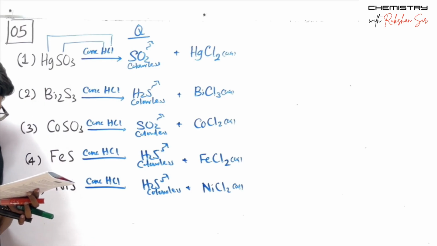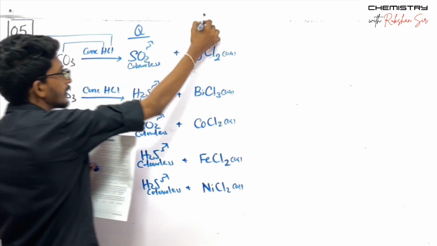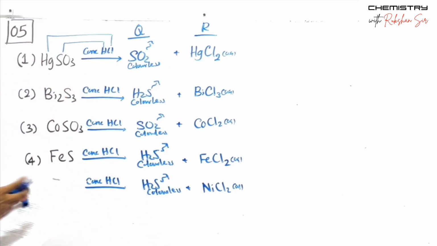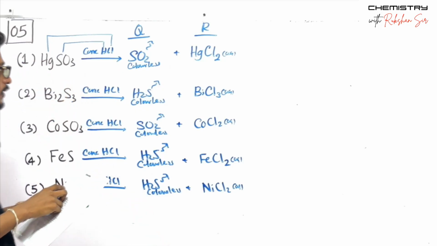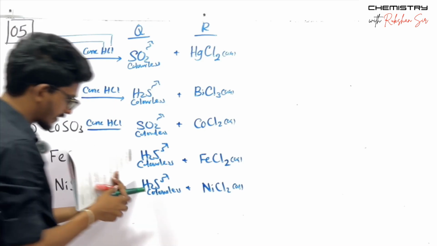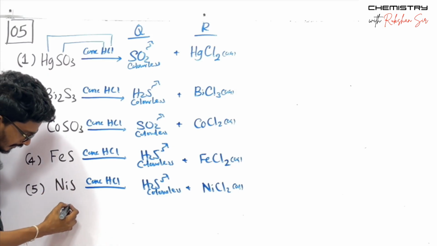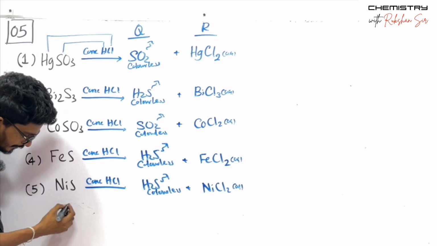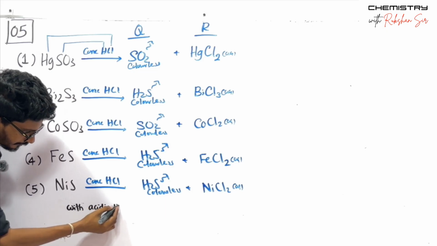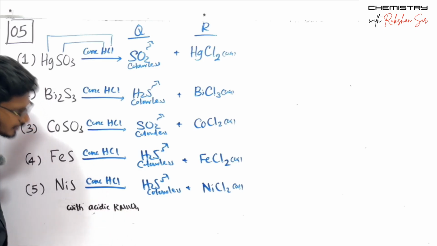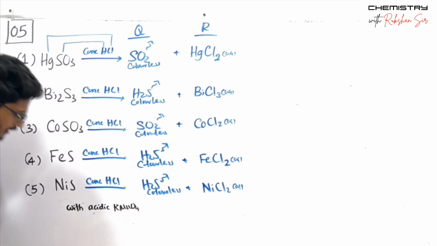Then, Q decolorizes the filter paper with acidic KMnO4. What is the reaction there? With acidic KMnO4, what will these gases do?